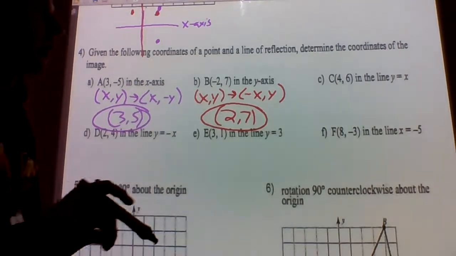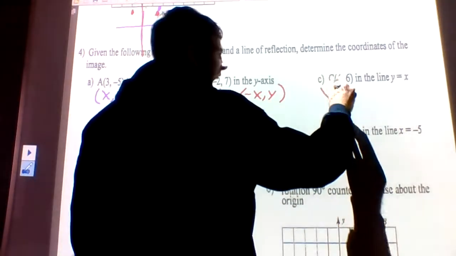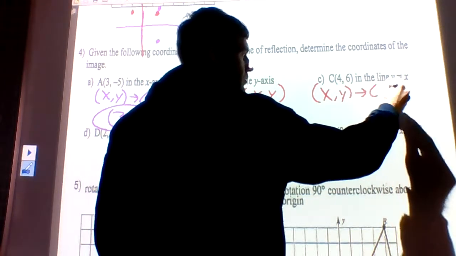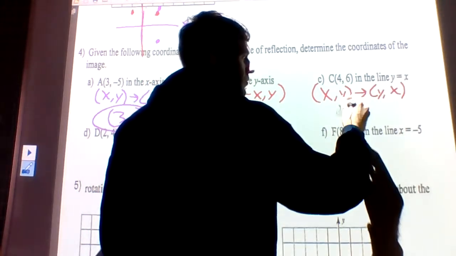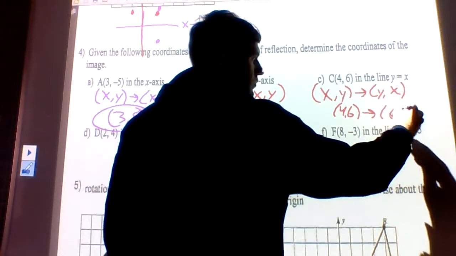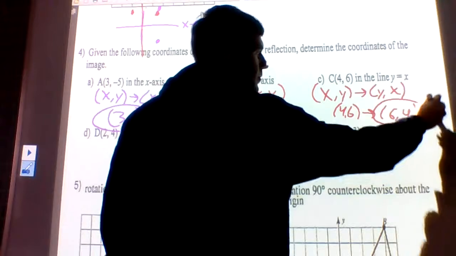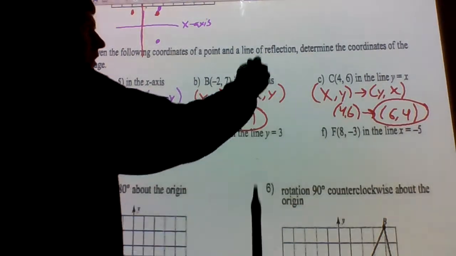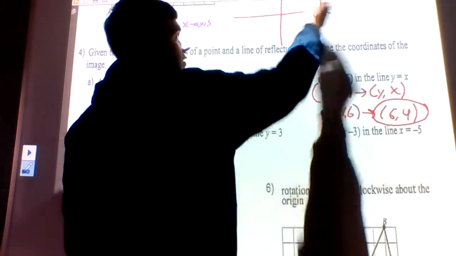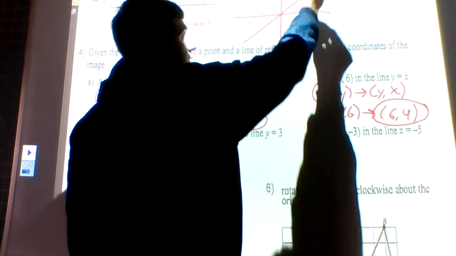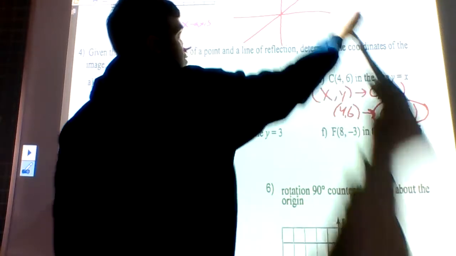Okay. Our rule for y equals x is simply switch the coordinates. Right, so 4, 6 is going to become 6, 4. And again, if we wanted to look at that, 4, 6, right, it's going to become 6, 4.